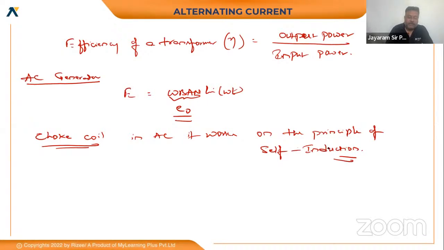An oscillating dipole radiates electromagnetic waves. Next one, direction of propagation.